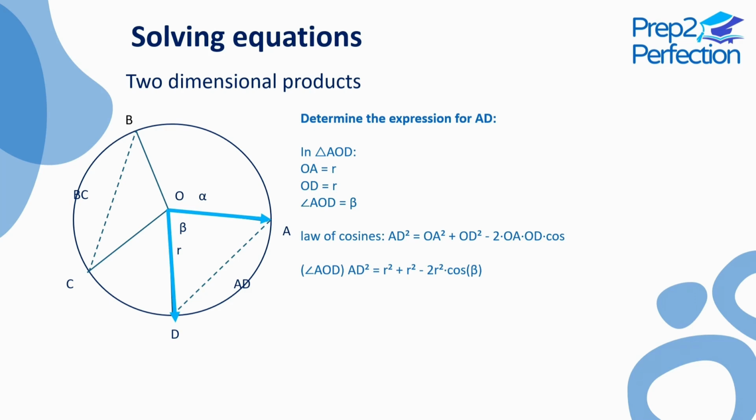In the triangle AOD, AD squared is equal to R squared plus R squared minus 2R squared times cos beta, which equals 2R squared, open brackets, 1 minus cos beta, close brackets. And our final answer is AD squared is equal to 2R squared, open brackets, 1 minus cos beta, close brackets.